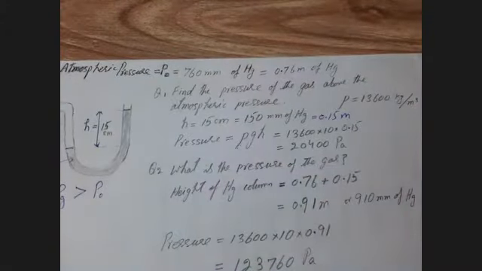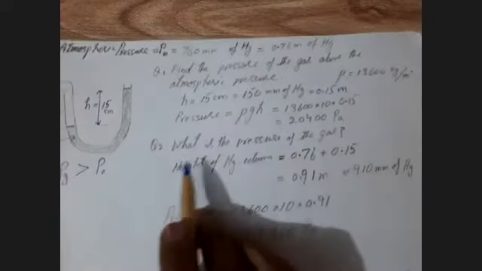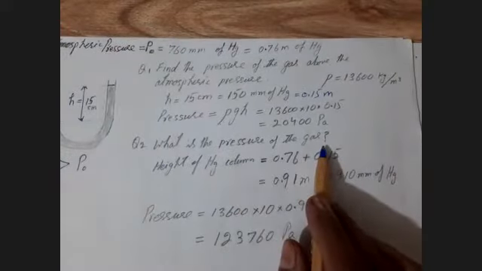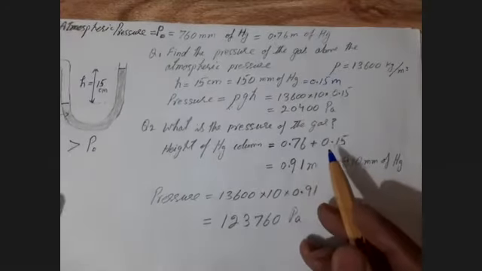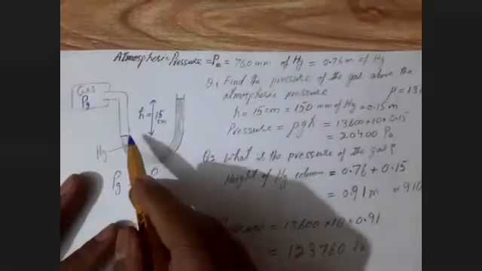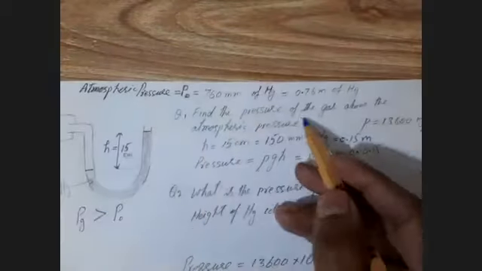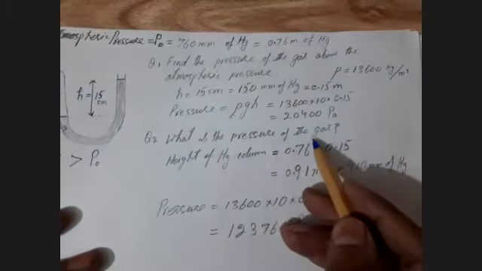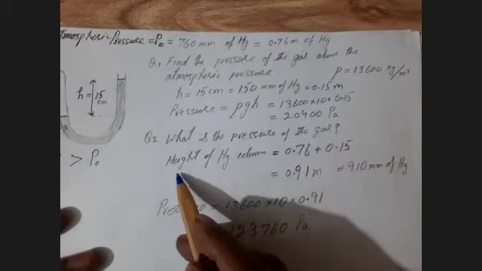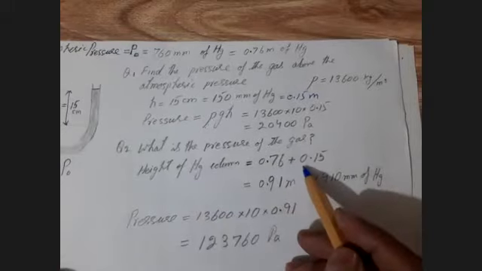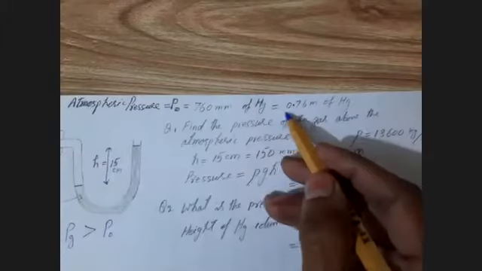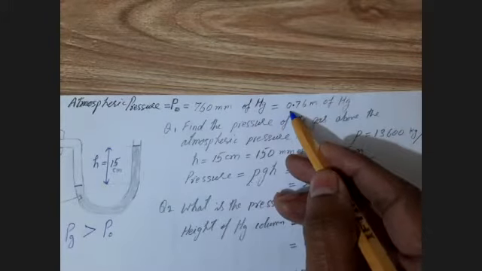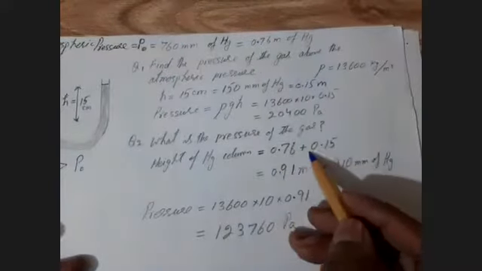Now, if you are going to find out the pressure of the gas, generally he is just asking what is the pressure of the gas. Then obviously, if he is not asking what is the pressure above the atmospheric pressure, and is generally asking what is the pressure of the gas, then the height of the mercury column will be taken as the total height of the column, because you know that the height of the mercury column at one atmospheric pressure is 0.76 meter, plus this height.